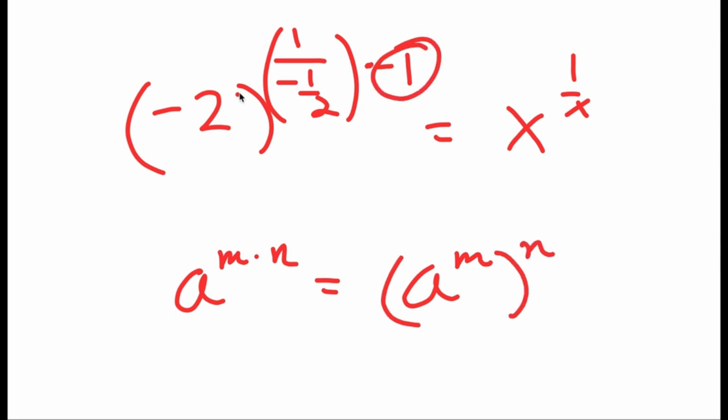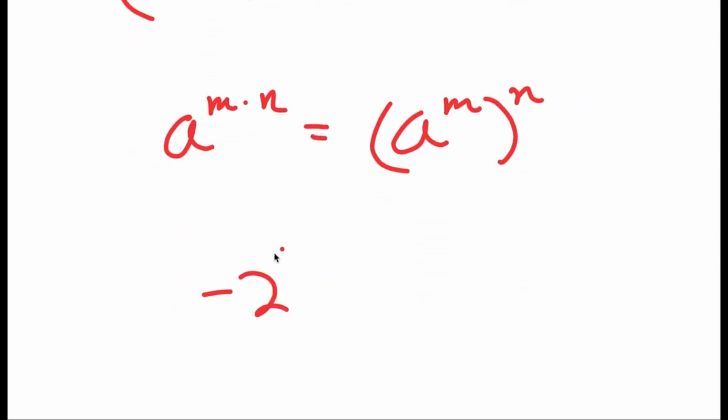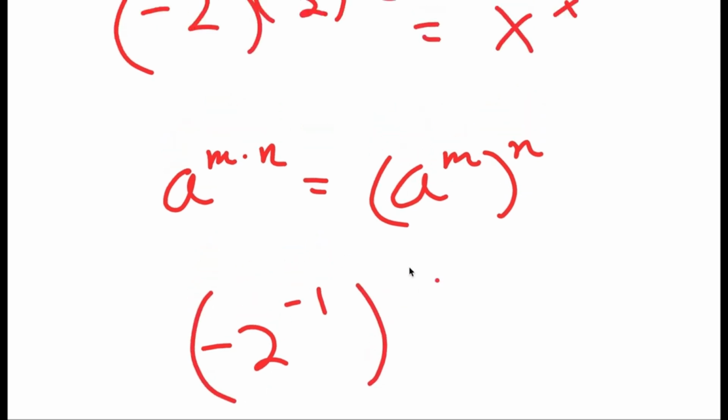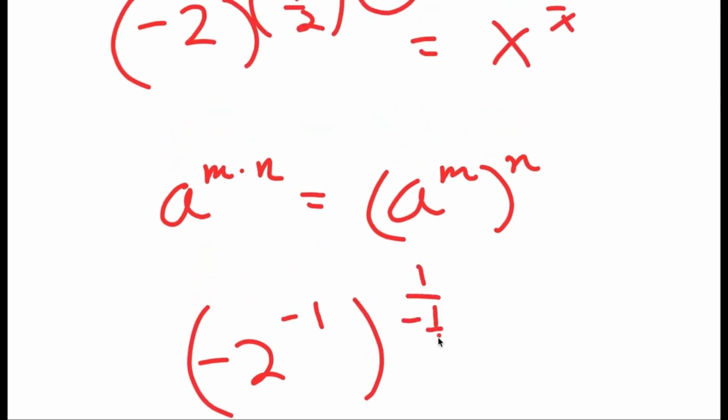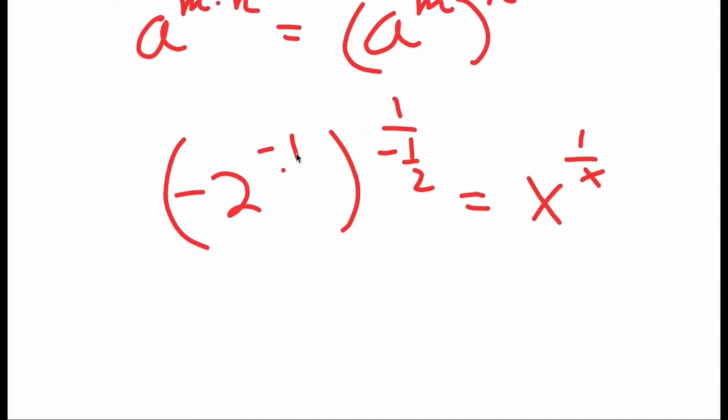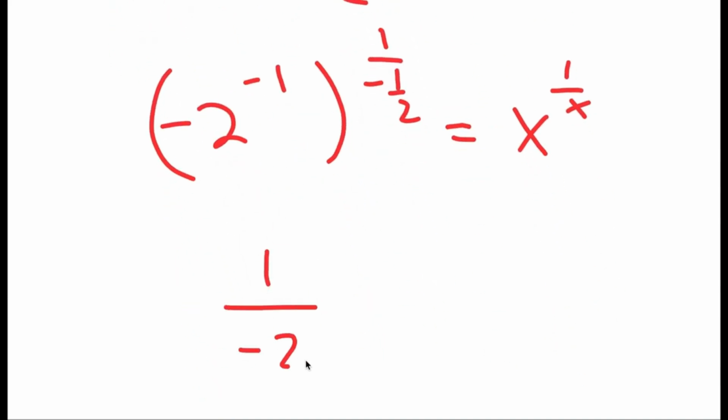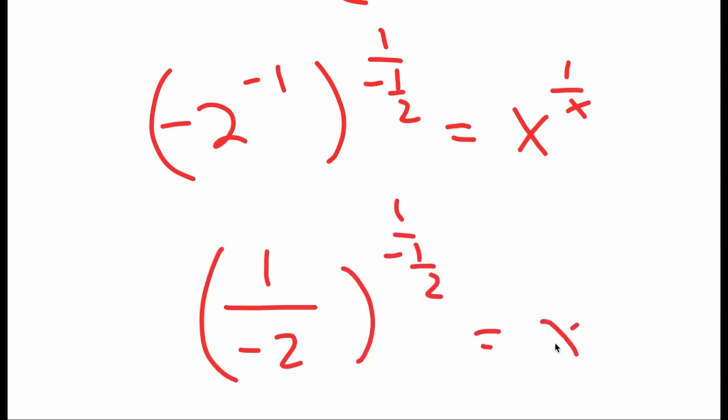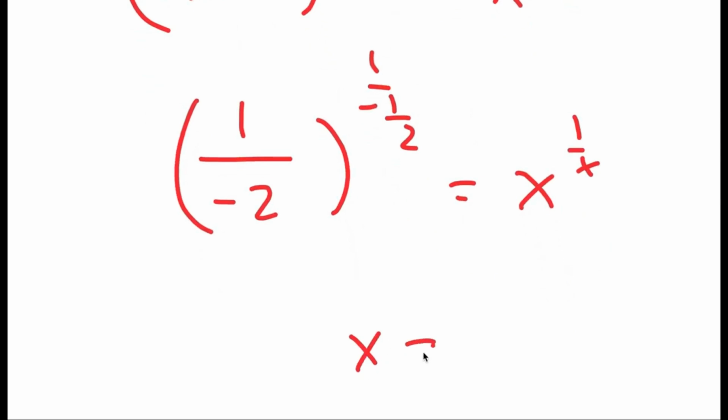So this -1, I'm going to move to be an exponent of -2. So I get -2 to the power of -1 to the power of 1 over -1/2 is equal to x to the power of 1 over x. And -2 to the power of -1 is 1 over -2. So my solution here is -1/2.